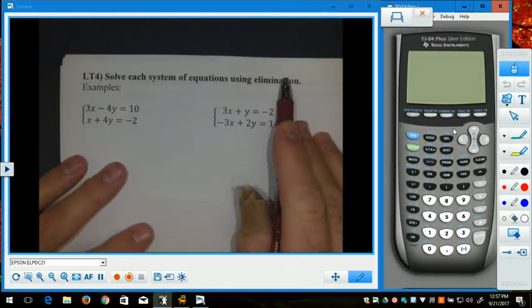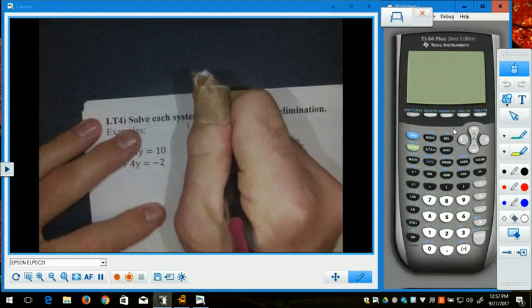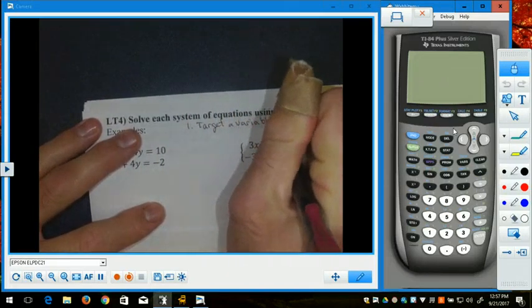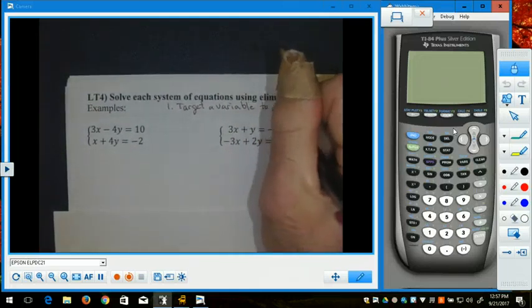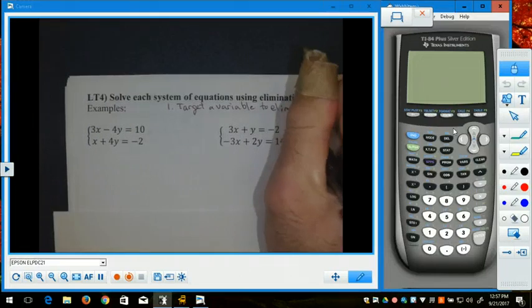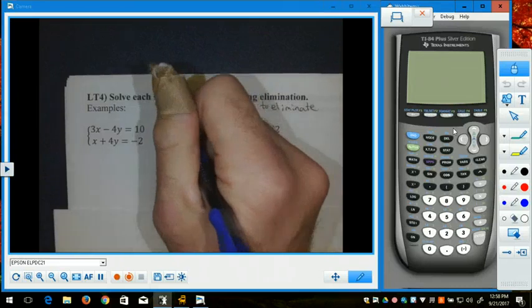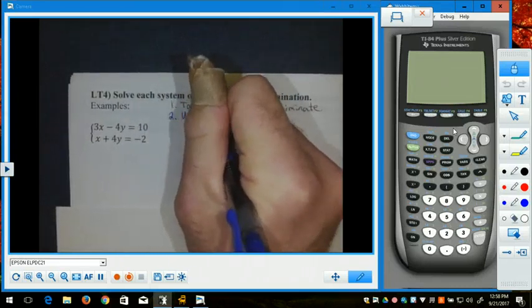So to solve by elimination, our goal, we're going to target a variable to eliminate. That's our first step. Our second step is going to be to figure out what to multiply by.